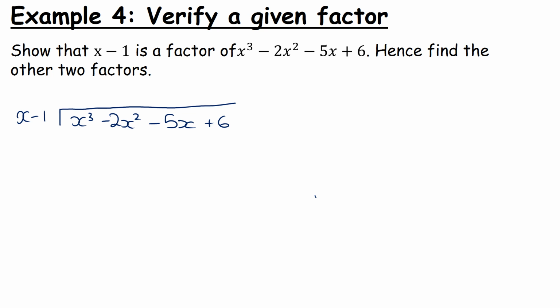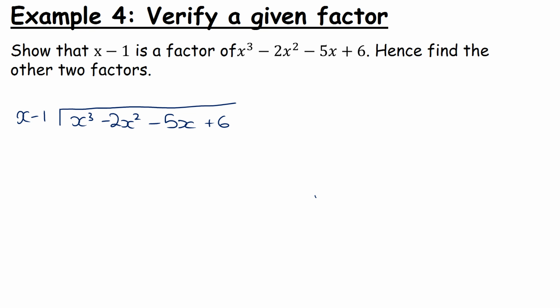So when you do it, you should get no remainder. However, you might be asked to check if, or to verify if x minus 1 is a factor. In that case, it may be a factor, it may not be. But in this case, show that it's a factor. We are very sure that we should show no remainder.